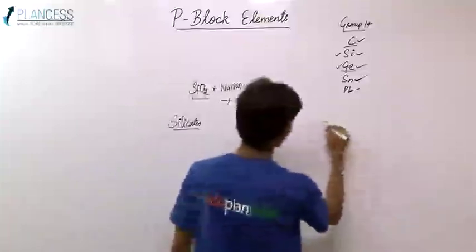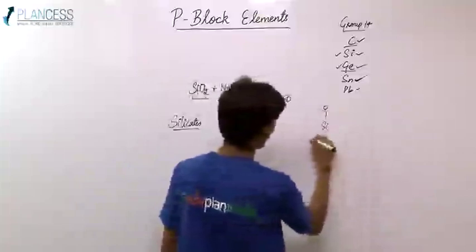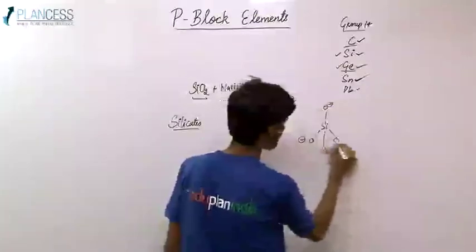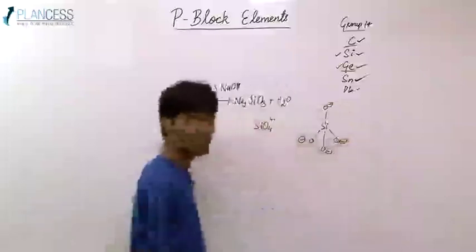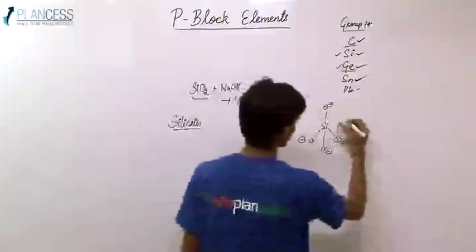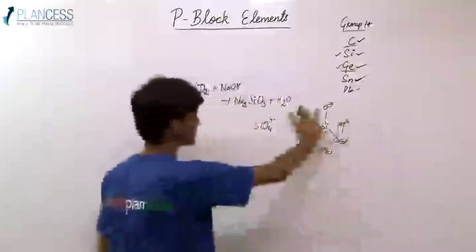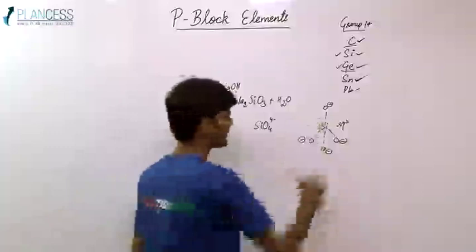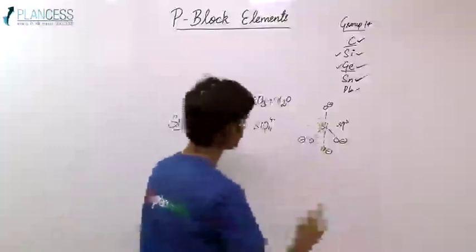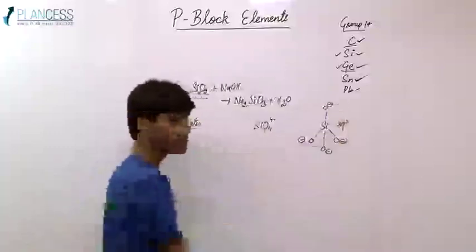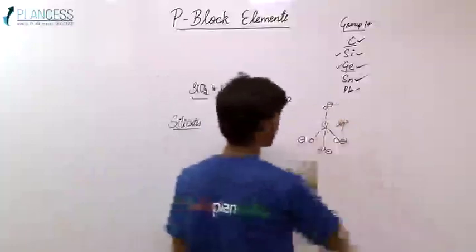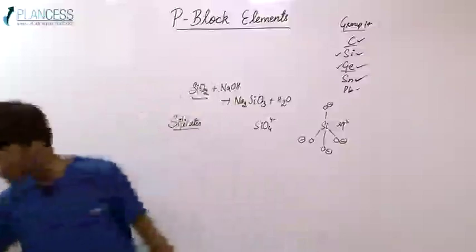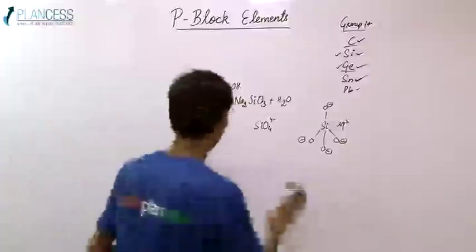Its structure would be Si here, with O minus on each oxygen. So 4 bond pairs, no lone pair, sp3 hybridized, tetrahedral in shape. This is a tetrahedral unit, the basic unit involved in each silicate. Depending on the number of oxygens shared by a polymer, different silicates are produced. Now I will talk about each silicate in detail.